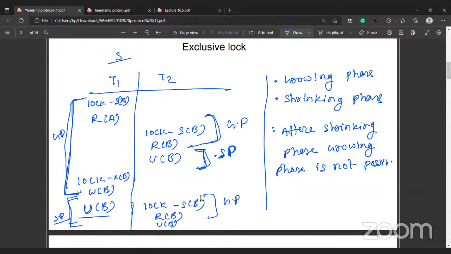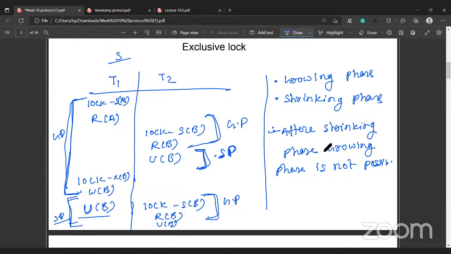After the shrinking phase, a growing phase is not allowed. So this schedule does not follow 2PL. So you got it, how to check? This is the important point. Yes, sir. Clear. Okay. Everyone got it? Two-phase locking protocol.